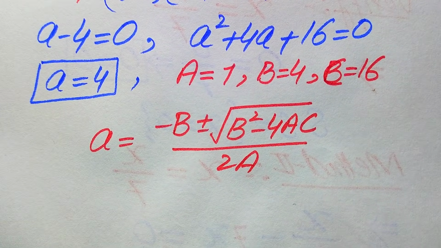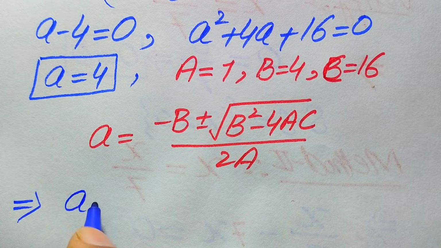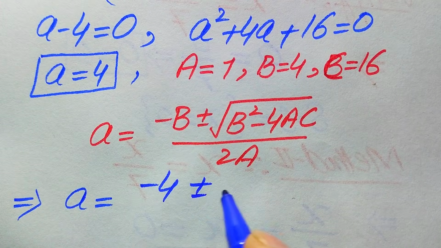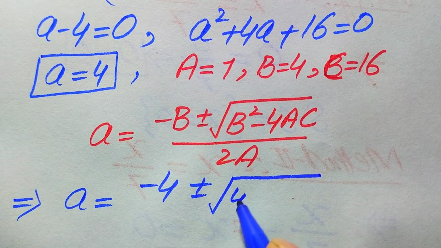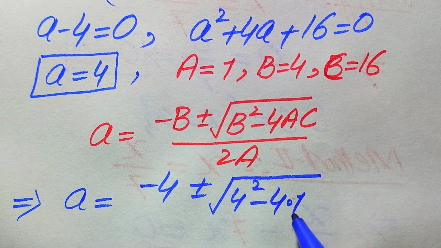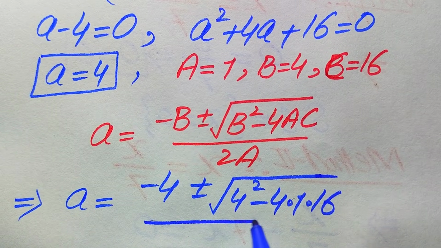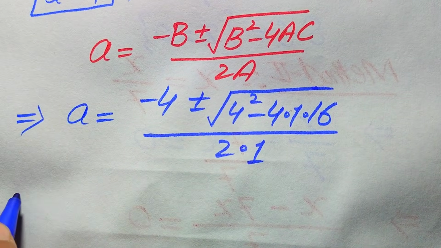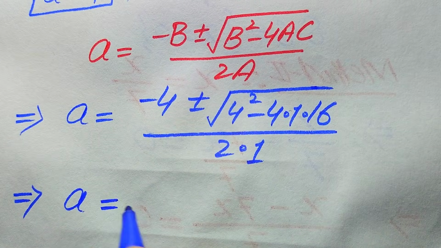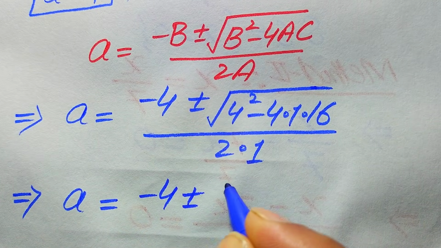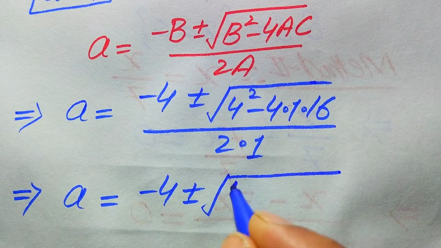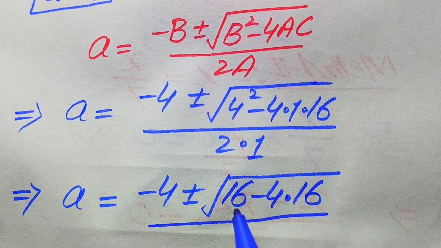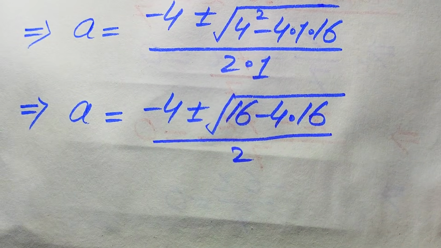We substitute all the values of a, b and c in this formula, and we obtain a equals minus 4 plus minus square root of 4 square minus 4 times 1 times 16, divided by 2 times 1. In the next step we need more simplification, and it becomes minus 4 plus minus square root of 16 minus 4 times 16, divided by 2 times 1, which is 2.